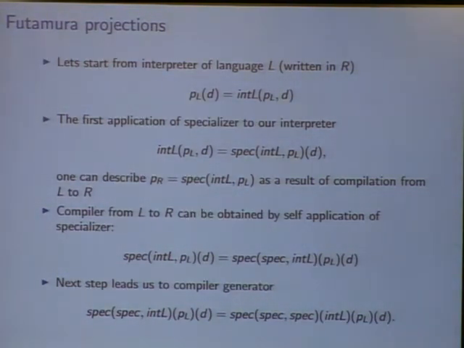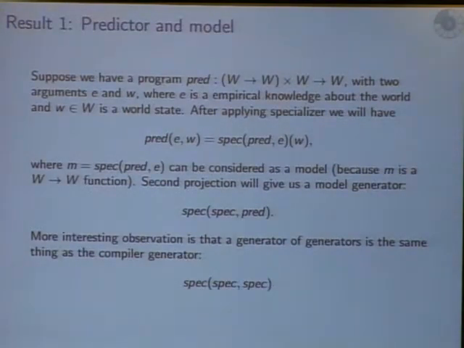For example, let's try to apply this technique to a wide range of programs, not necessarily an interpreter. Suppose we have some intelligent program called PRED, which maps two arguments, empirical knowledge and world state, to another world state. It's called a predictor.